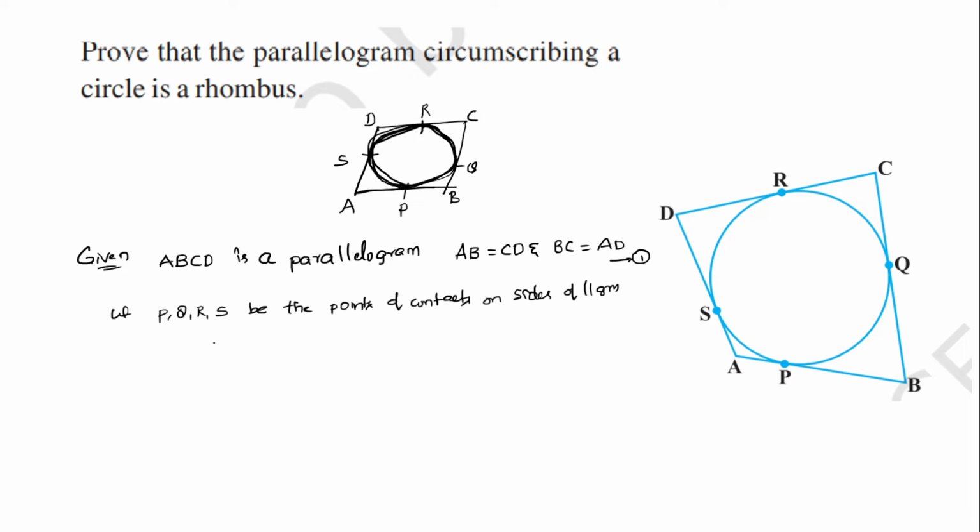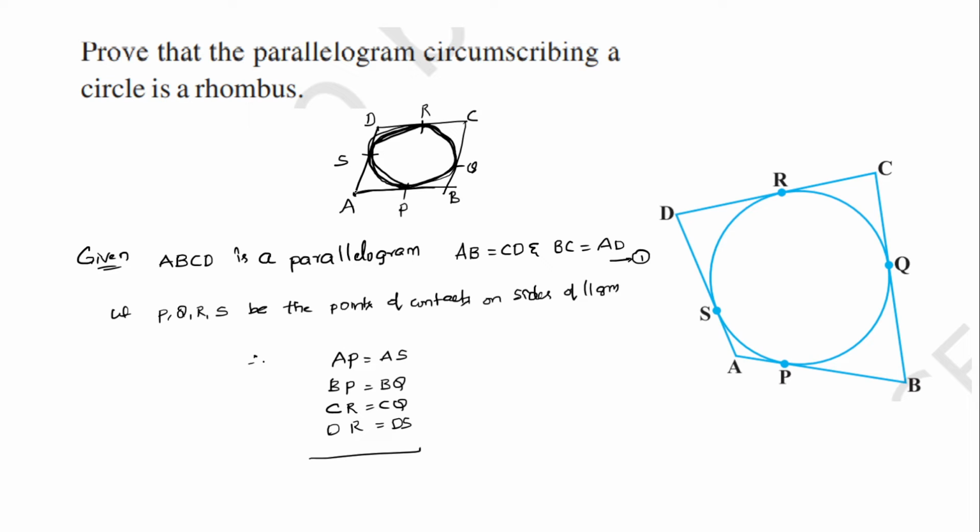Now from the properties of tangent, two tangents drawn from an external point are always equal in length. So therefore AP is equal to AS, BP is equal to BQ, CR is equal to CQ and DR is equal to DS. So this we know from the properties of the tangent.